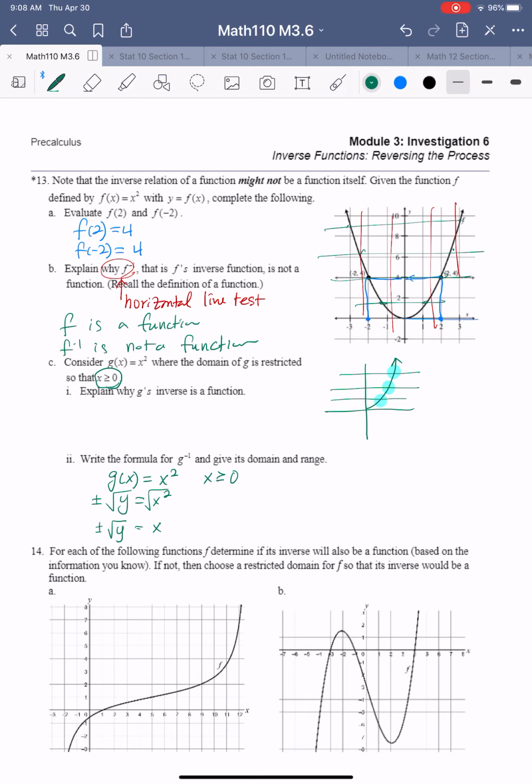But we can't take two different y's, so we only take x equal to the square root of y, which makes y greater than or equal to 0, and x must also be greater than or equal to 0. So this is the domain, and this is the range.